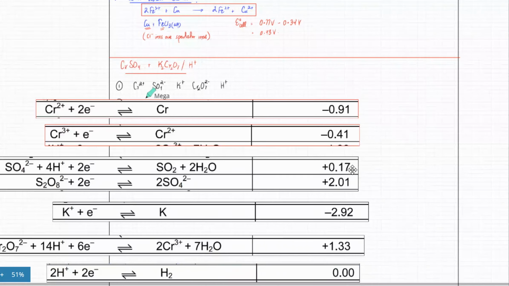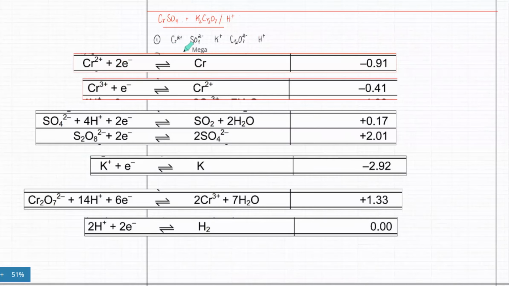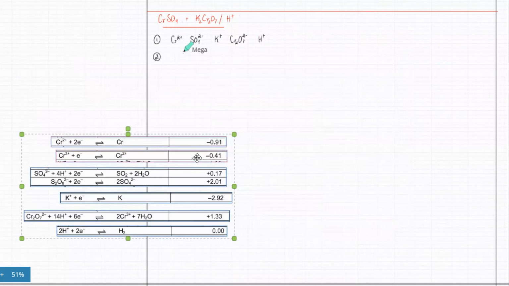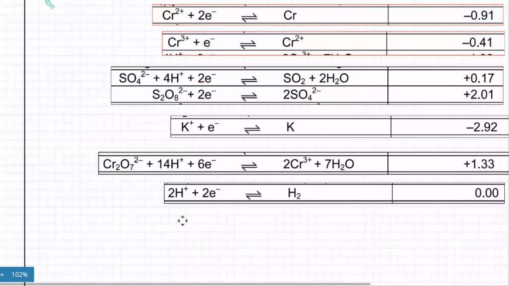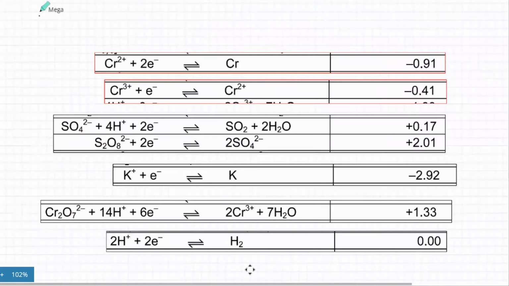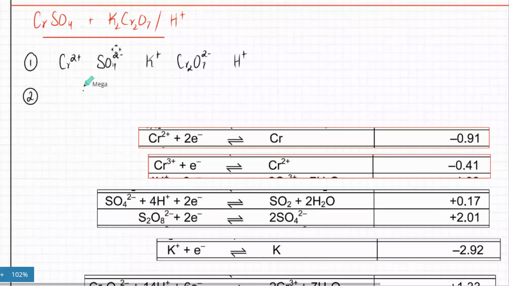And I'll just make them smaller. So we've written down all possible equations that involved any of our reactants which were mentioned over here.